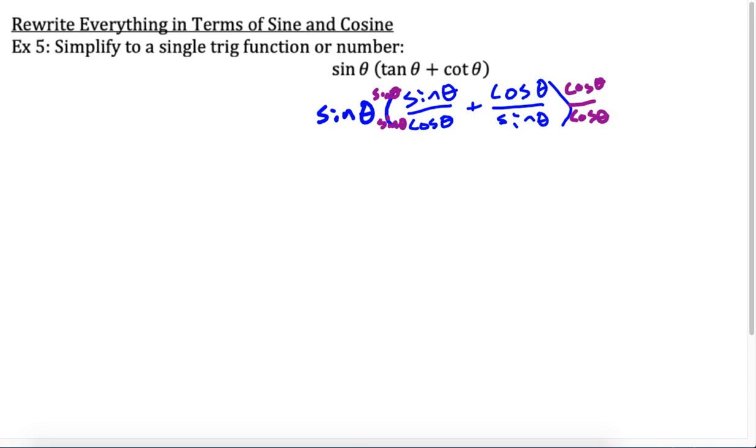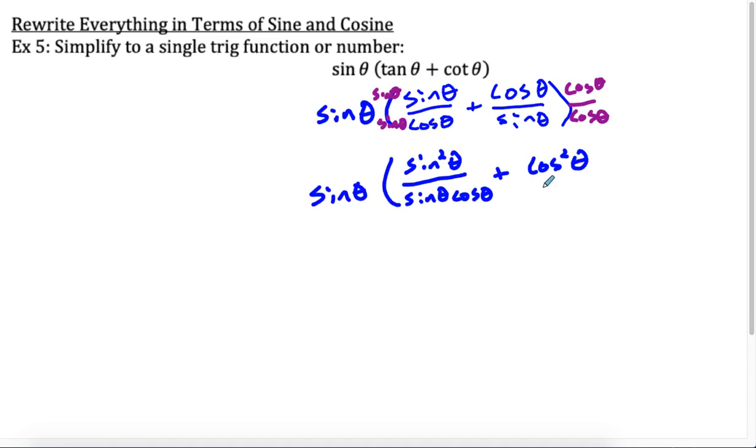Now, when I do that, this sine will still be out here, times, so I'll have sine squared over sine times cosine, plus cosine squared over sine times cosine.